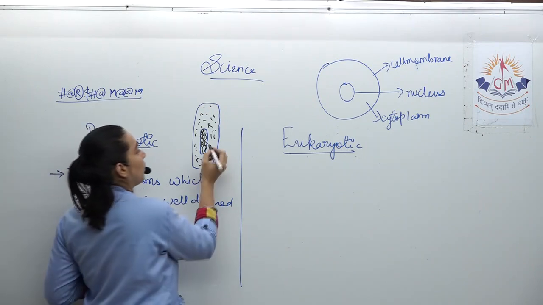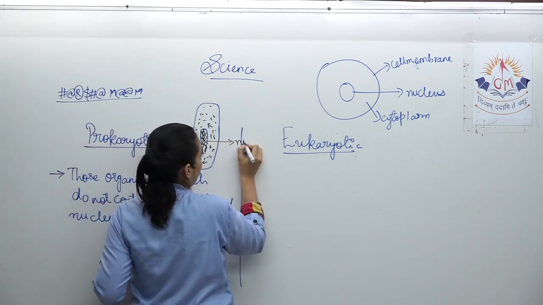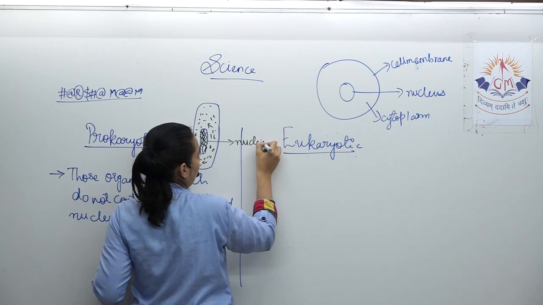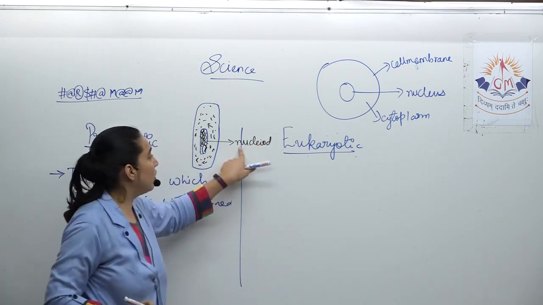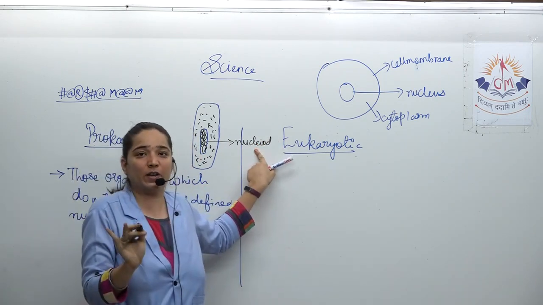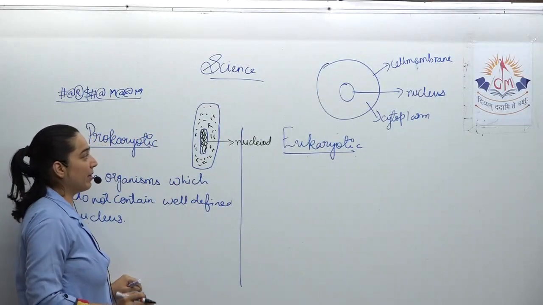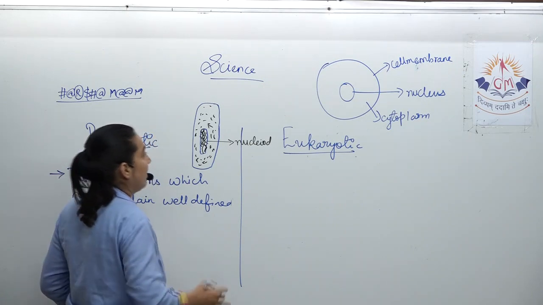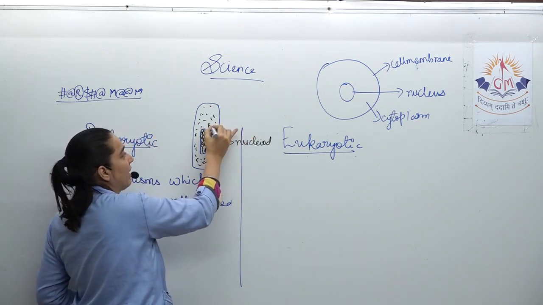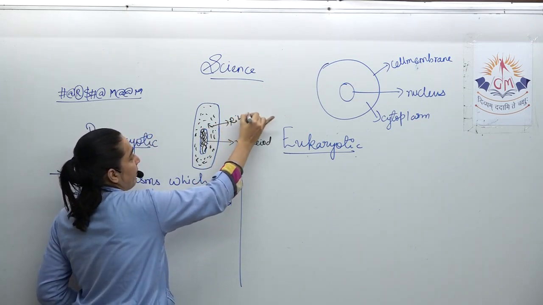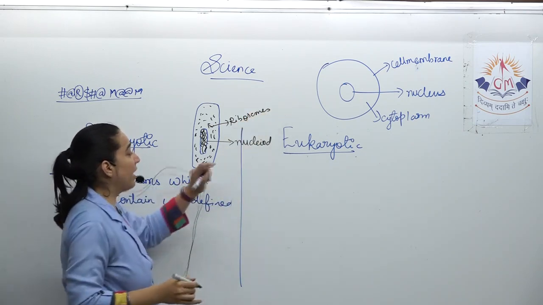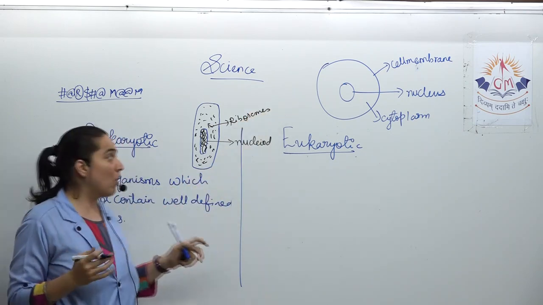This is the nucleoid. Nucleoid is devoid of a nucleus, that means it does not contain a nucleus, but all the hereditary material is tangled like this. They have a cell membrane, they have ribosomes, but they do not have membrane bound organelles.